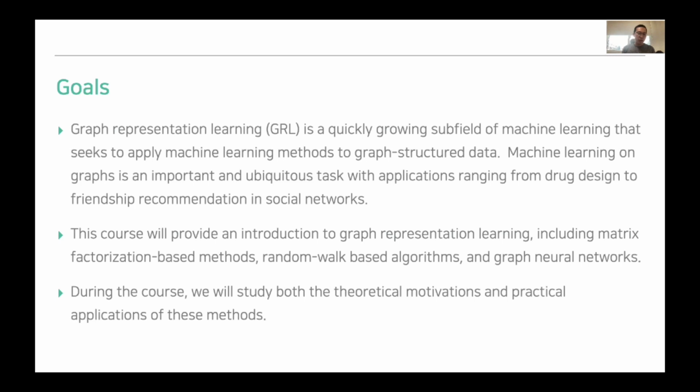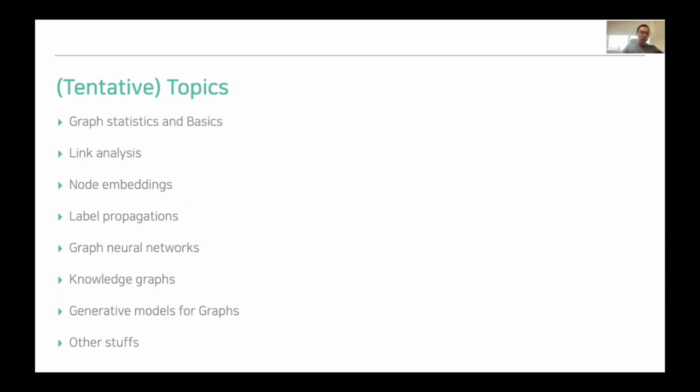We will study both the theoretical motivation and practical applications of these methods. Here are some tentative topics. We are going to start with graph statistics and basics and link analysis, node embeddings, label propagation, graph neural networks, knowledge graphs, and generative models for graph data.